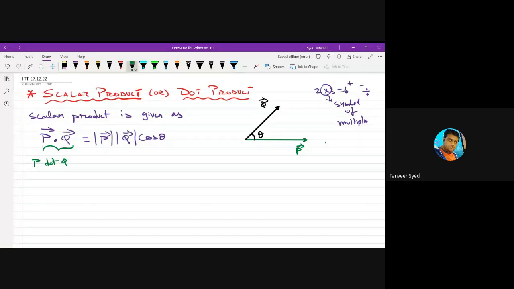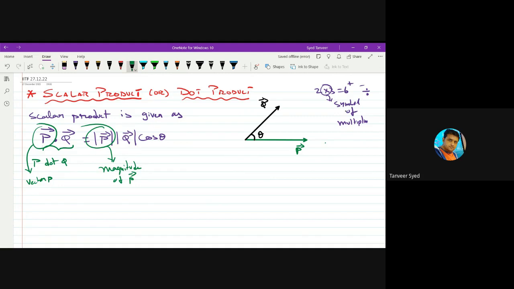What is the difference between this P and this P? Are they same or different? They are different. This P is vector P and this P is magnitude of vector P.